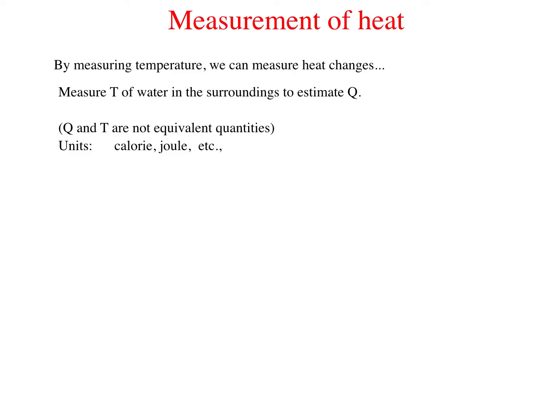It's a clear distinction between heat and temperature. Q is calculated using temperature. We defined temperature in the previous snippet. The units for Q are calories, joules, etc. Heat flows from high temperature to low temperature in a spontaneous way.